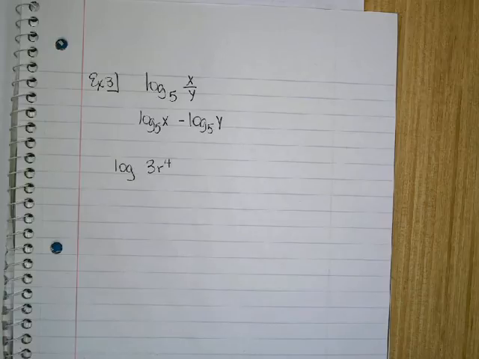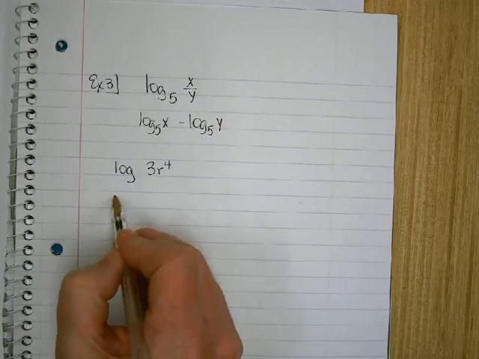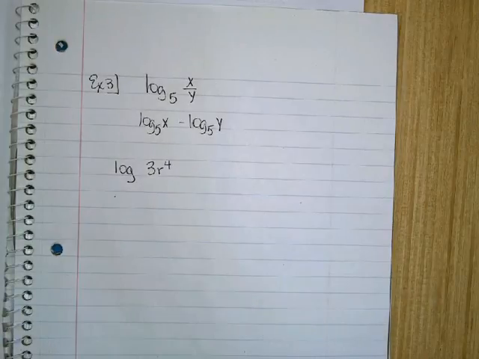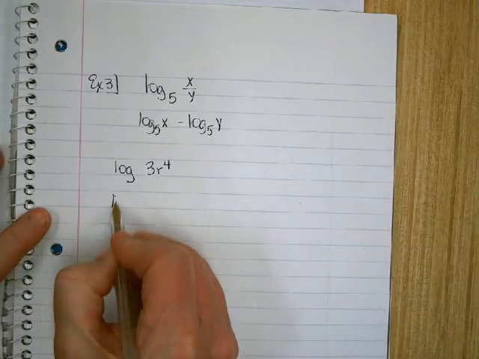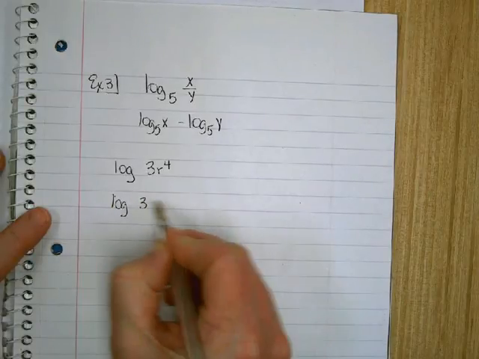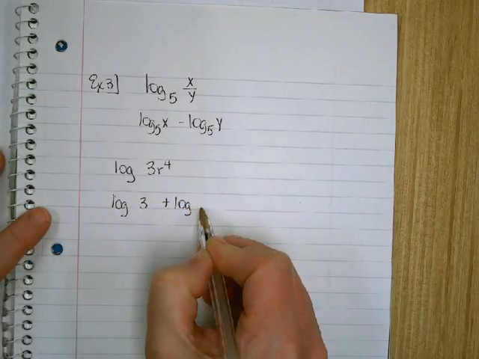When you are condensing them, do the power first. Okay? So this is going to start out. Now, what's it mean that I don't have a base written up there? 10. Means it's 10. Log of 3 plus log of r to the 4th.